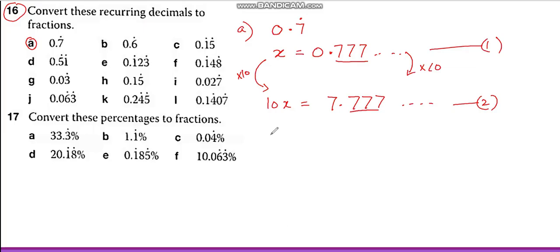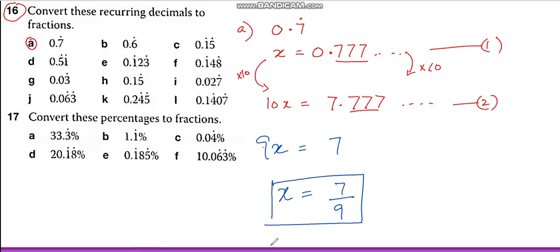So let's do this subtraction. On the left side we get 9x, and on the right we get 7, so our answer is 7 divided by 9, because if we divide both sides by 9, we get 7/9.